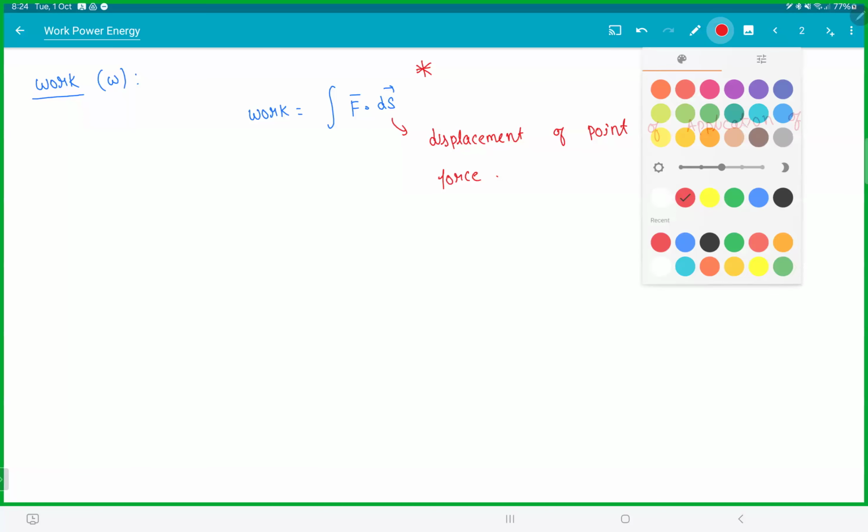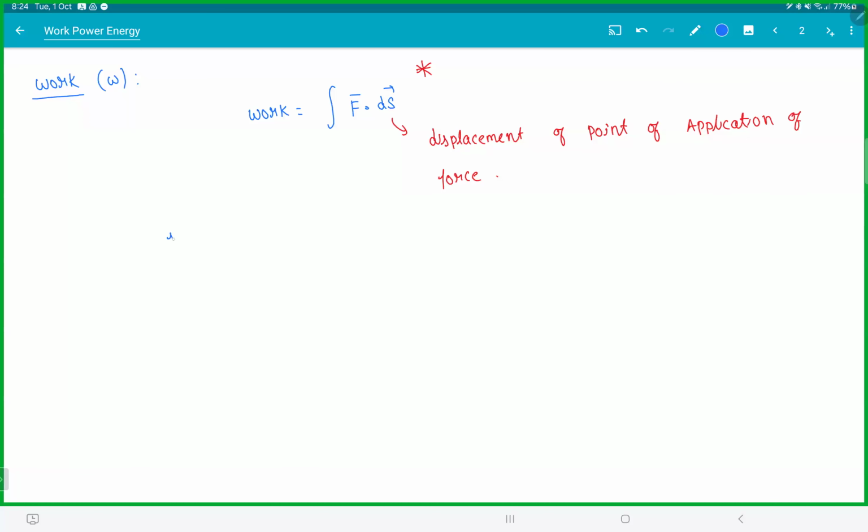Let me show you what it means. Now, if F bar is constant, so that is the actual formula for work done. If the force is constant, then the force will come out of the integral. Then your work becomes F bar integral ds bar, then it is F bar dot S bar. This is what you studied in school, F bar dot S bar.